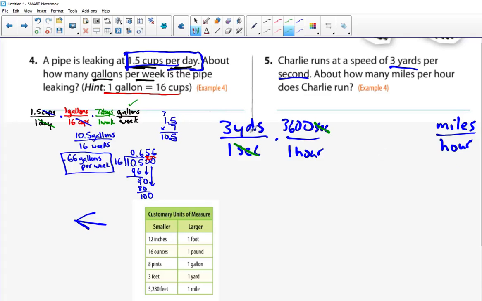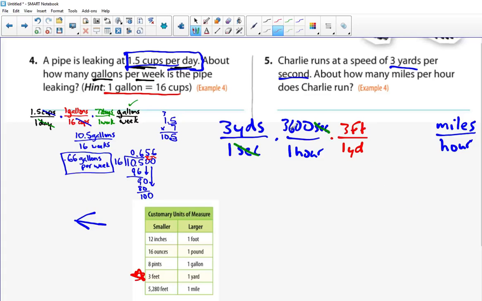Okay, so now we need to go from yards to miles. I don't have anything that tells me how many yards are in a mile, and I know we can figure that out, and we're going to see how we're going to do the same work, just worded a little bit differently. But let's take this right here at 3 feet. It's 1 yard. So I want to put 1 yard on the bottom, and that is 3 feet times this.